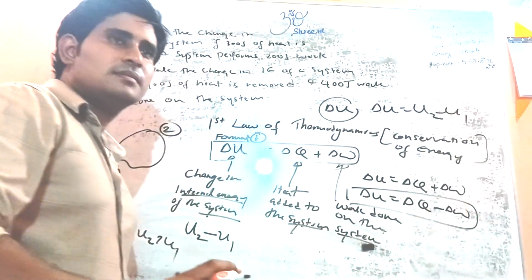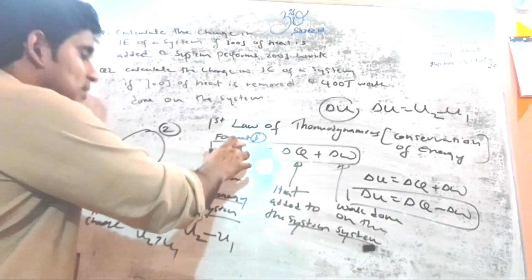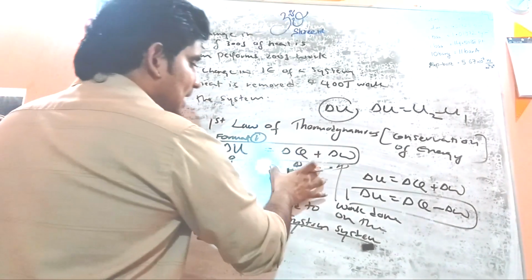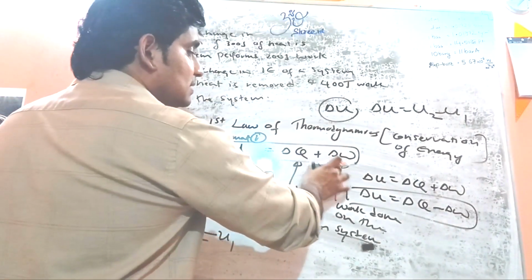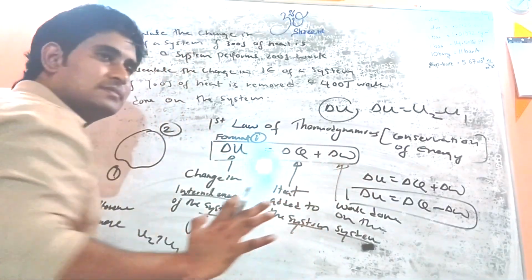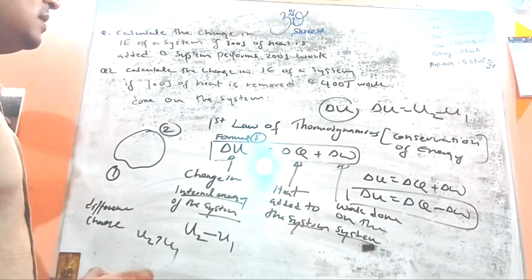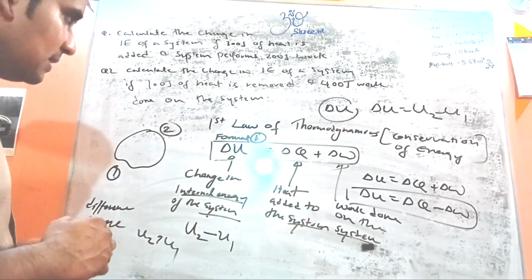Is that clear? So delta U equals heat added to the system plus the work done on the system. I hope that concept is clear.